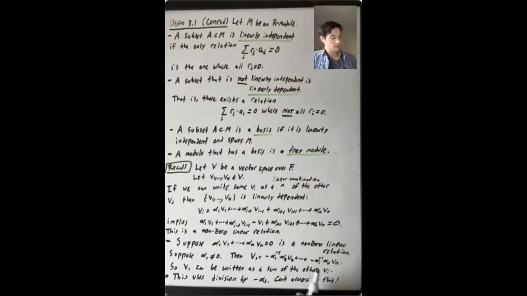So let me explain what happens for vector spaces. If you have a non-zero linear relation, why does that mean that you can write one vector as a linear combination of other vectors? So we have alpha 1 V1 plus alpha n Vn equals 0. Let's just suppose that alpha 1 is not equal to 0. If alpha 1 is 0, you could just take the first index for which alpha i is not 0. So then what can we do?